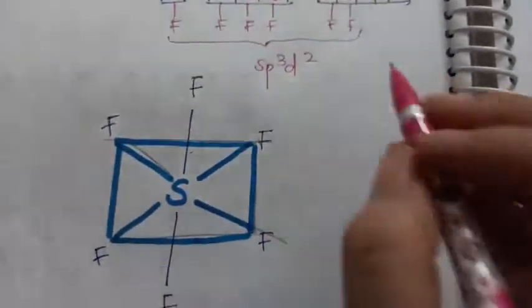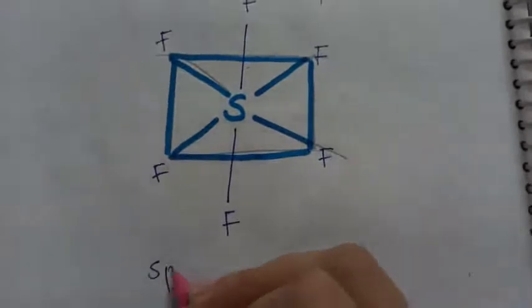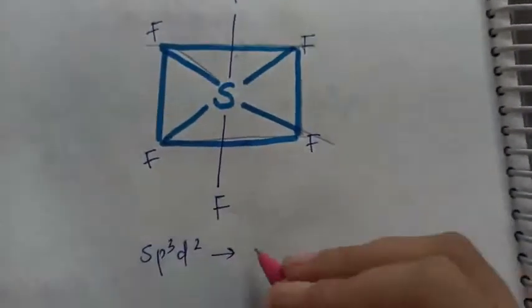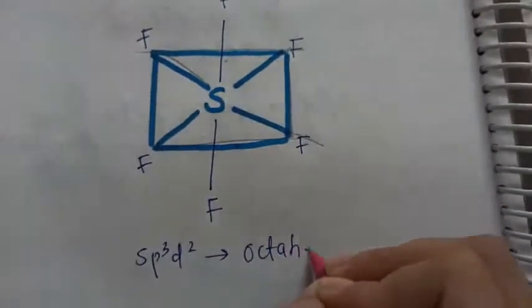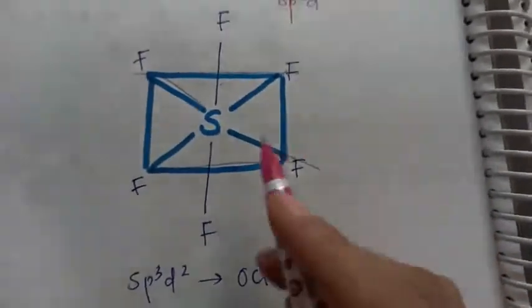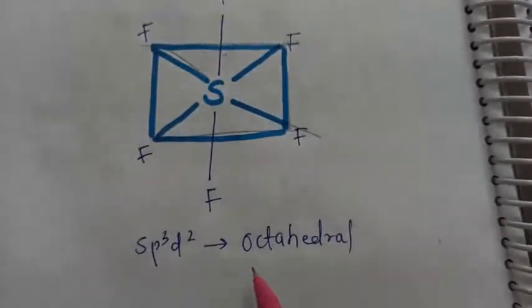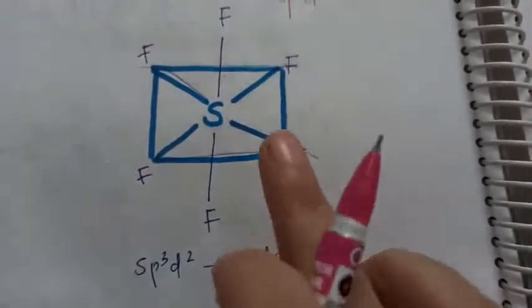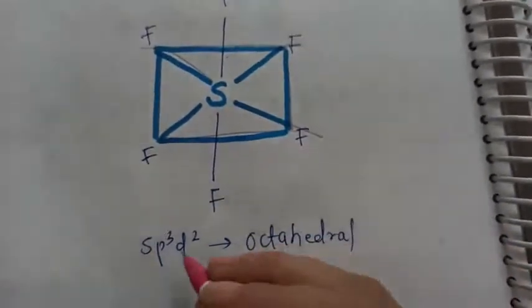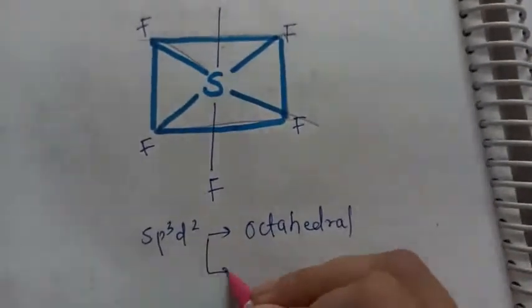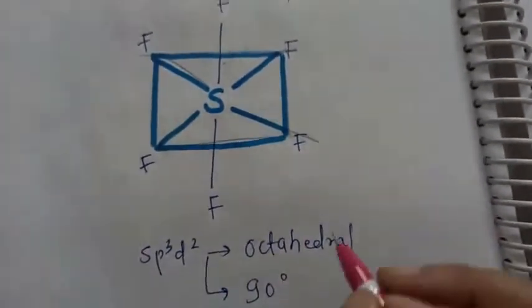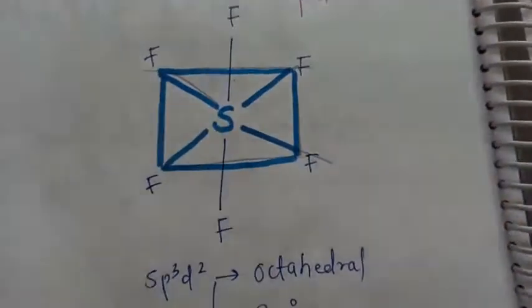So you'll have to remember sp3d2 hybridization has octahedral geometry. Which geometry? Octahedral. Don't confuse, there are 6 fluorines, so it's not hexagonal, it's octahedral. This geometry is called as octahedral. Okay, sp3d2 has octahedral geometry with all the bond angles 90 degree. सारे bonds 90 degree हैं, सब के सब.